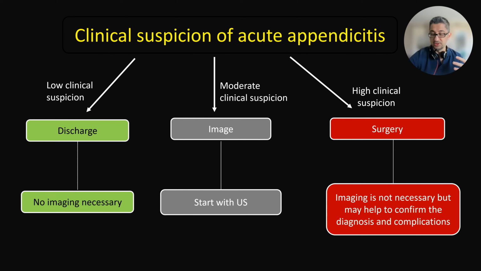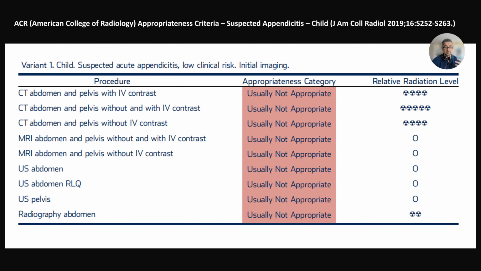That's the general approach. But if we look in detail, based on the ACR appropriateness criteria, there are 5 variants that are very helpful. The first variant is a child with suspected acute appendicitis, low clinical risk, and we are doing the initial imaging. As you can see, none of the modalities is appropriate.